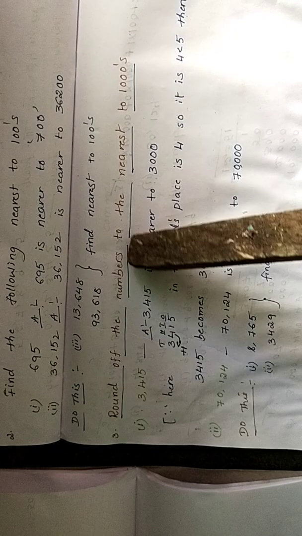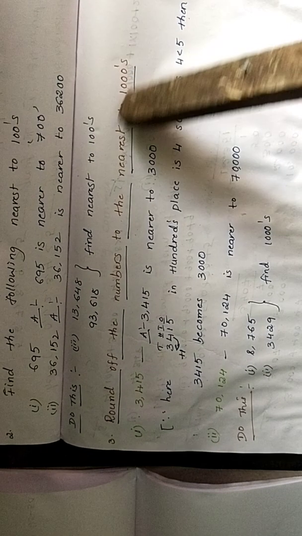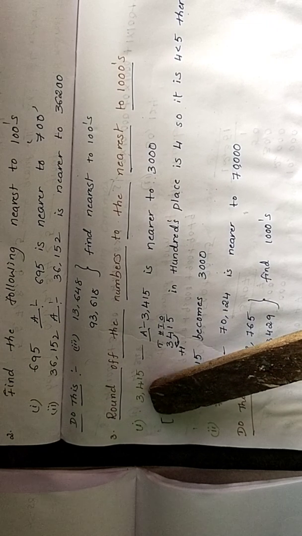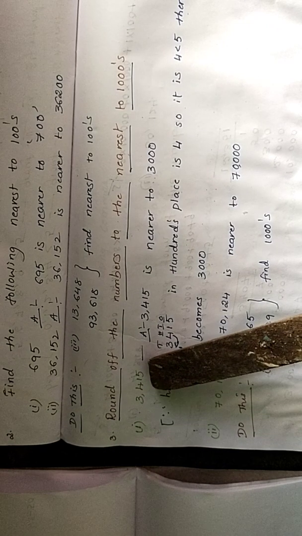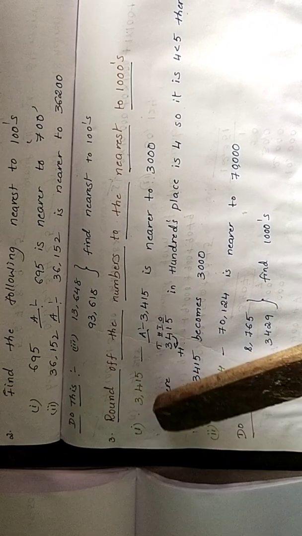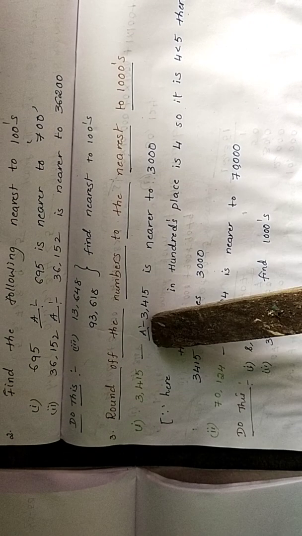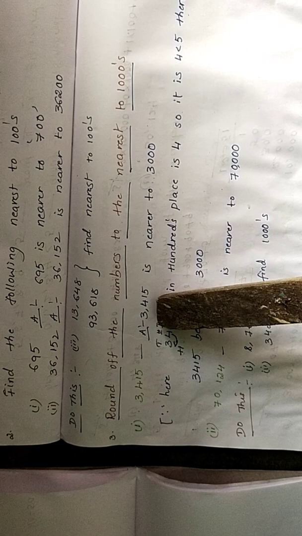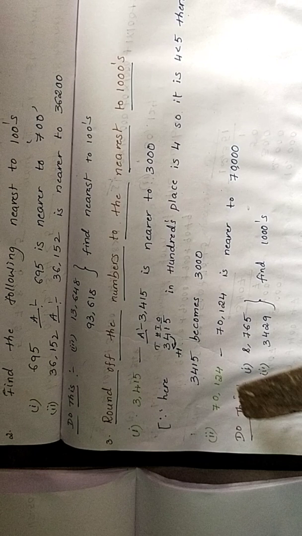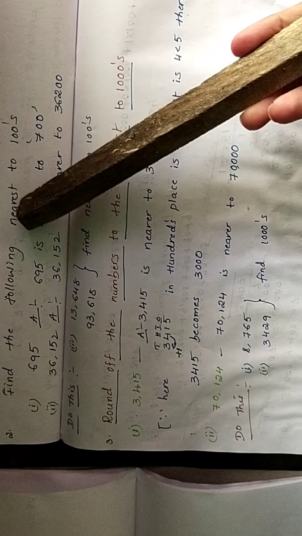And next, rounding off numbers to the nearest thousands. Let us take one example, 3415. What is it rounded to the nearest thousands? Here ones, tens, hundreds, thousands. This is only up to the thousands place. So I have to find the approximate value.